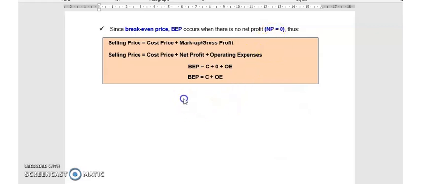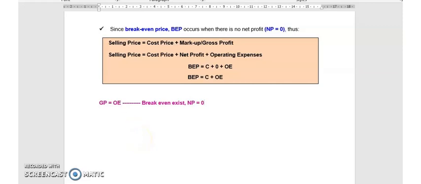If you still remember, break-even exists when gross profit is equivalent to operating expenses, so how much you earn is also equivalent to how much you need to pay. In this case we say that break-even exists or net profit will be equal to 0.